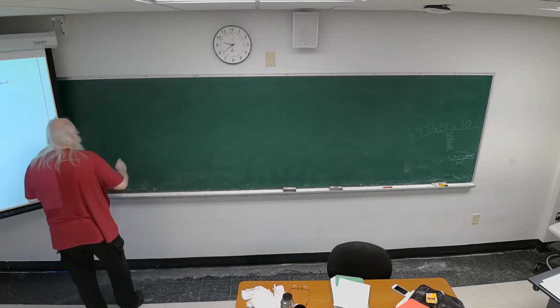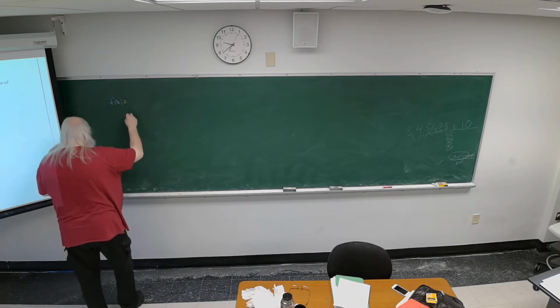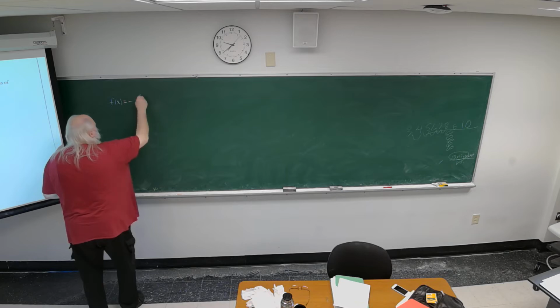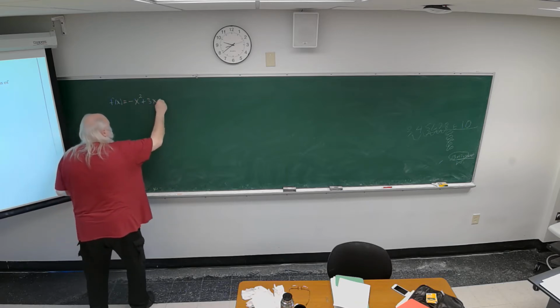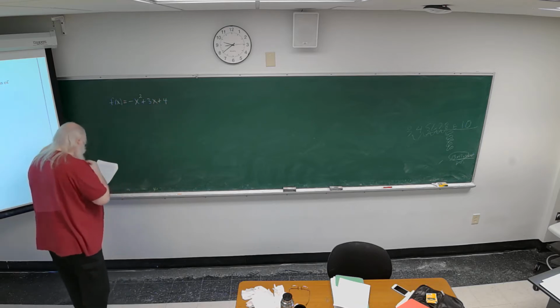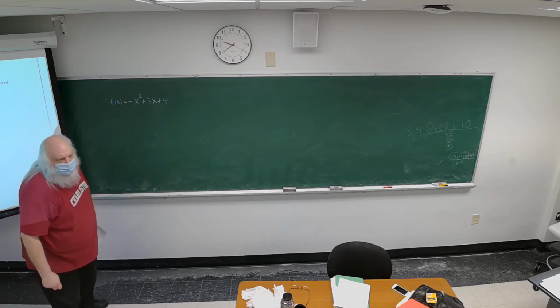All right, so we have f of x is equal to minus x squared plus 3x plus 4. So what's a equal to in this case? -1, right?